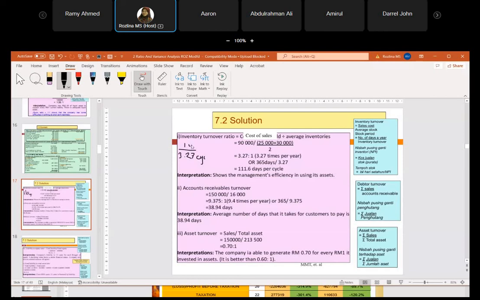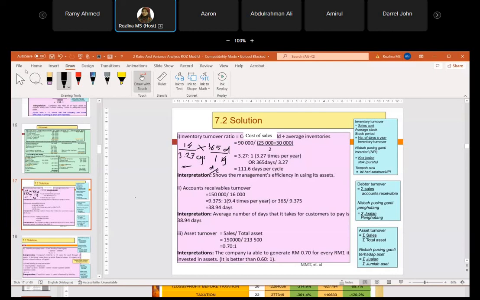So times per year. In 1 year, we have 365 days. So that's why you get days per cycle. This one is to see how many days per cycle. The year and year cancel out. So you get days per cycle.